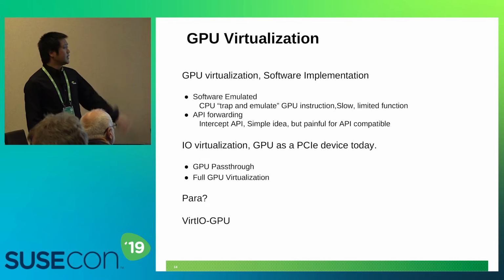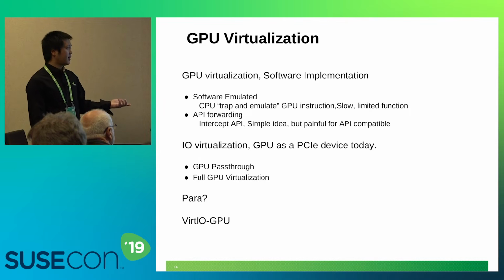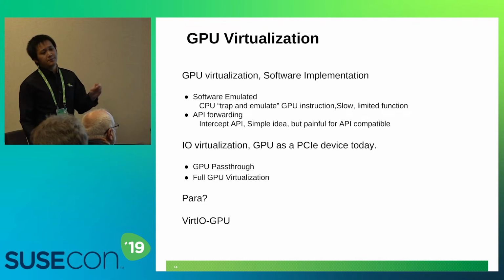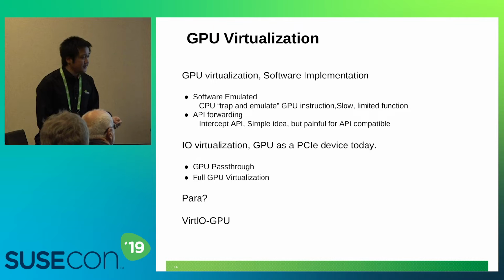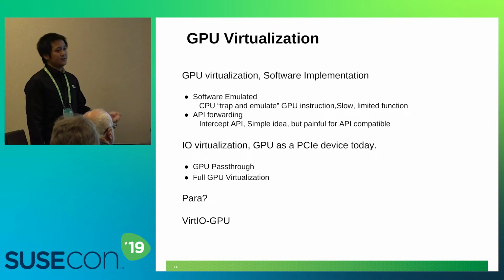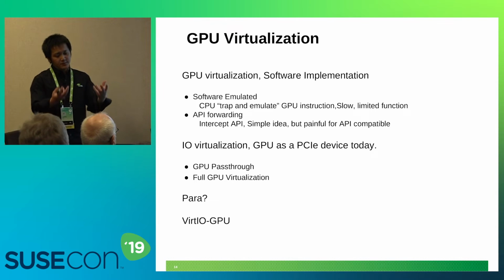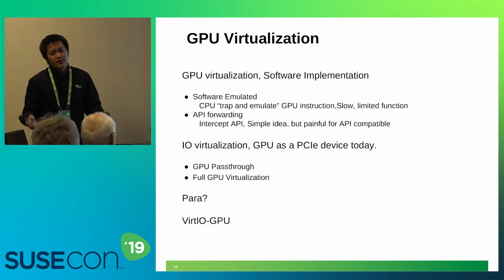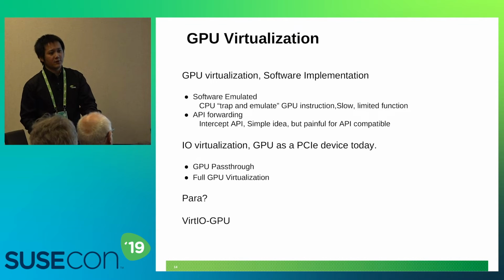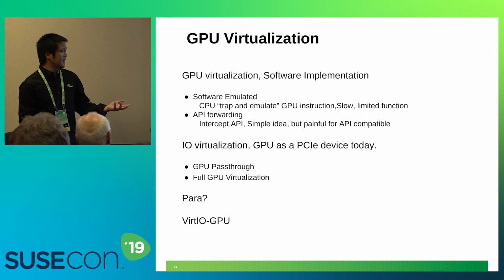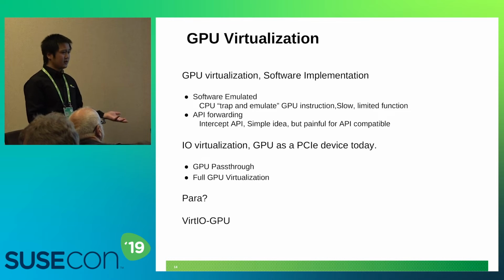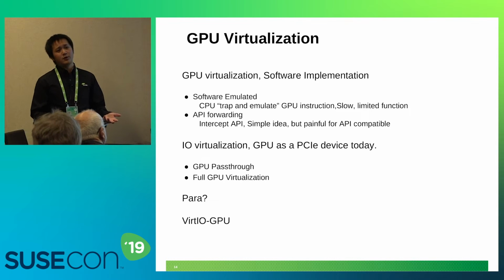And then it comes to the I/O virtualization part. Since the GPU is a PCIe device for the CPU, we can do it the device way. So for the I/O device, we can pass it through. We can just pass this whole device into a VM, and then use it there in the VM. This is good in some way, bad in some way. The good part is you can still save all your setup there.